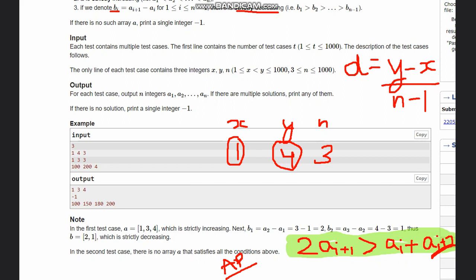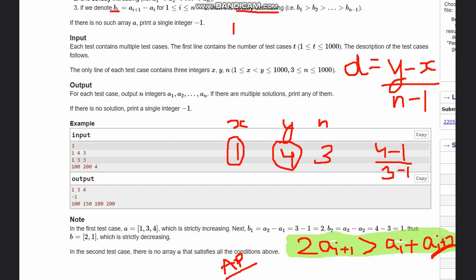So let's try on the first one. First we have x as 1, y is 4. Putting these in, 4 minus 1 divided by n minus 1. So n is 3, so 3 minus 1. Also remember that it is integer division.